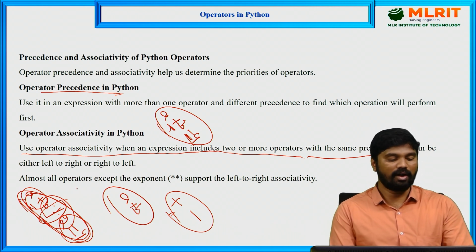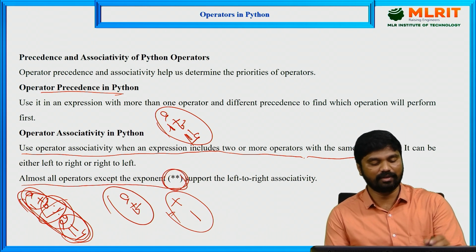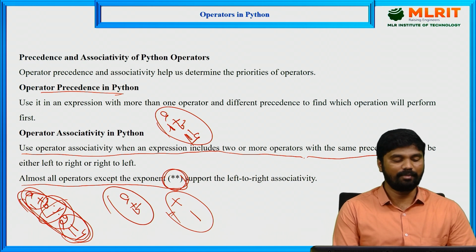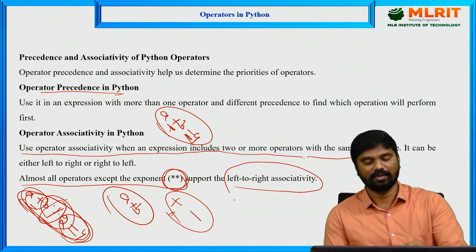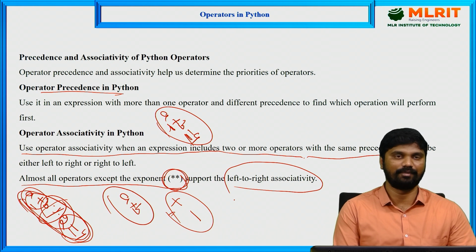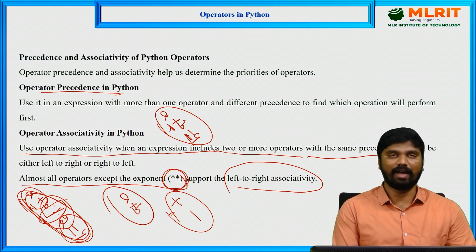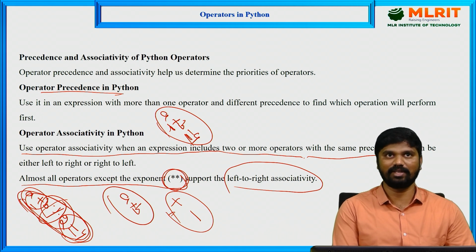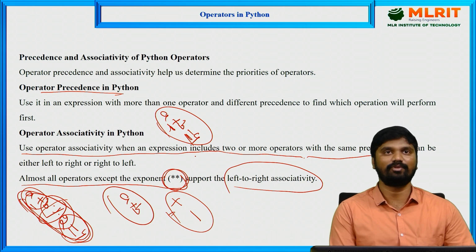because almost all operators except the exponent operator, remaining all operators will support which associativity? Left to right associativity. So that means A plus B minus 4 here having two same priority or same precedency operators. So at that time, which associativity we have to follow?